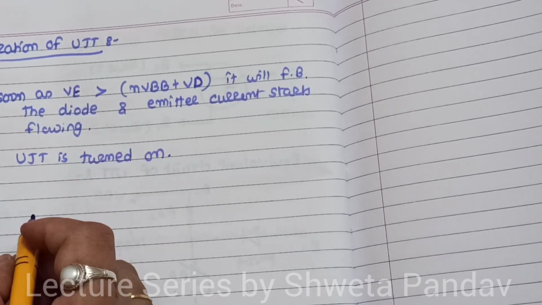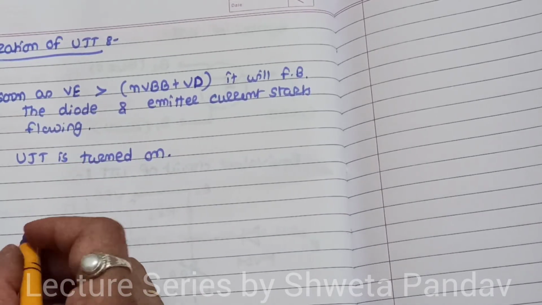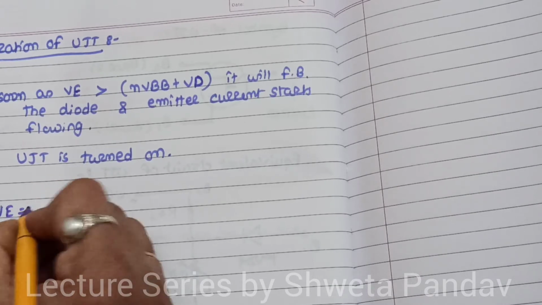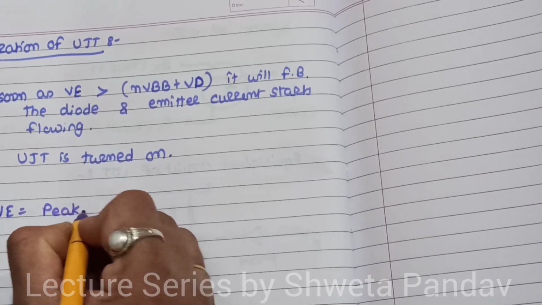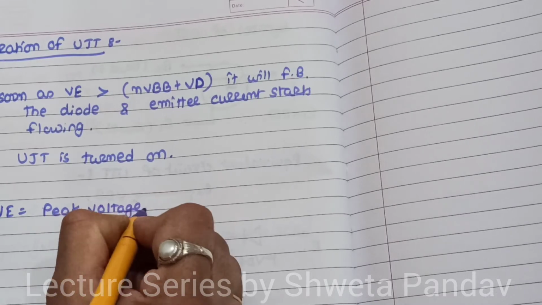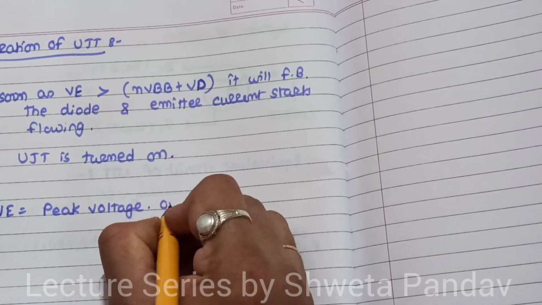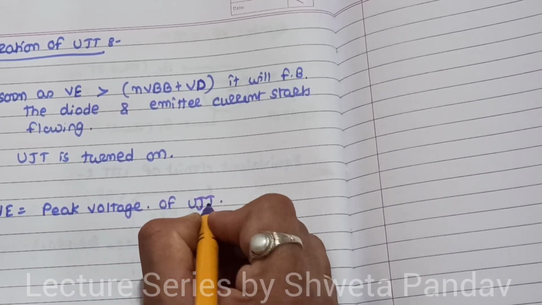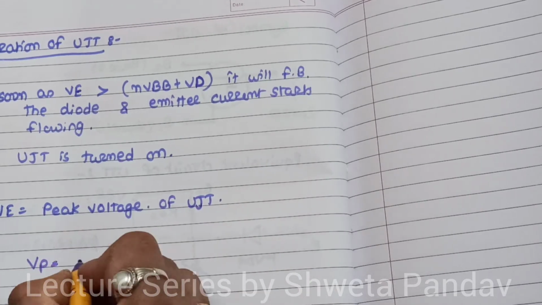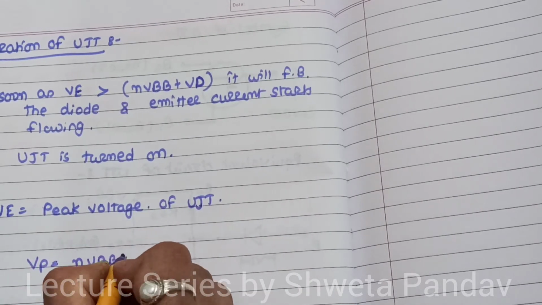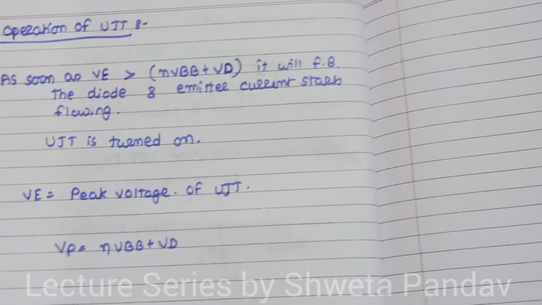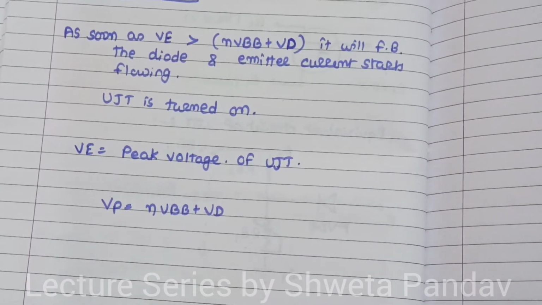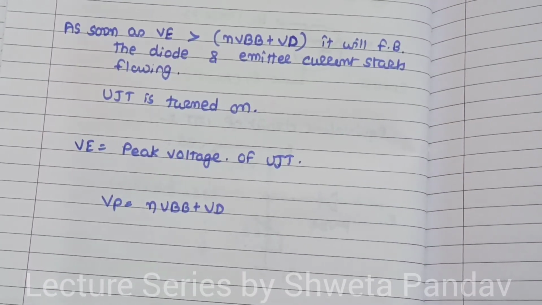This emitter voltage is called the peak voltage of UJT, and this peak voltage is given by Vp is equal to eta VBB plus VD.